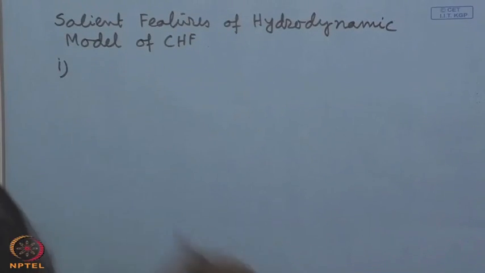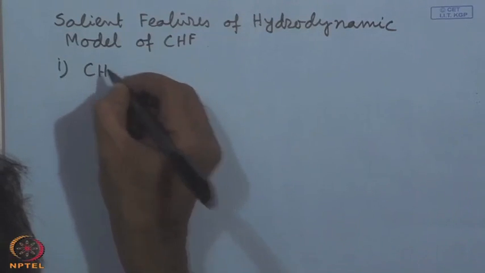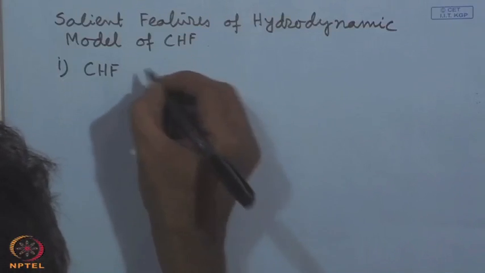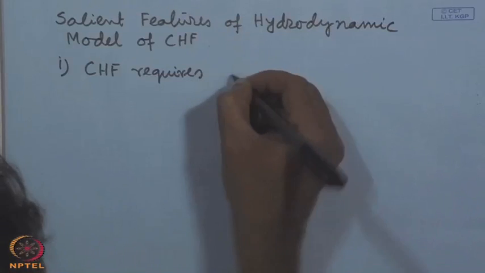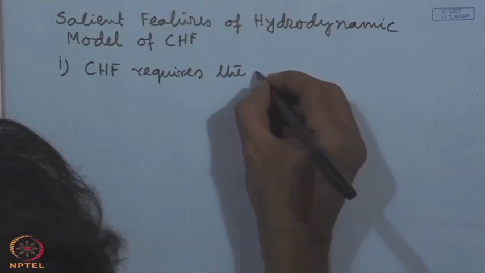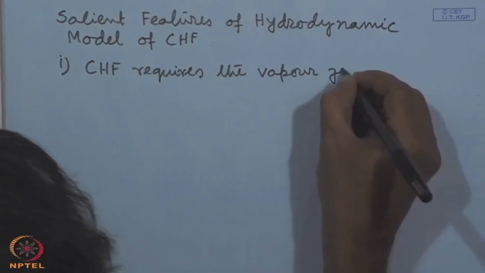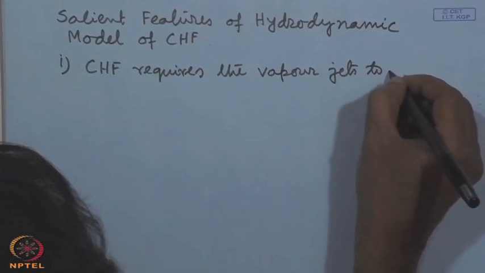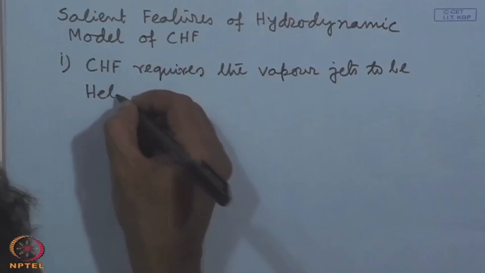First, the critical heat flux is obtained when the surface of the vapor jet becomes Helmholtz unstable. So, CHF requires the vapor jets to be Helmholtz unstable.